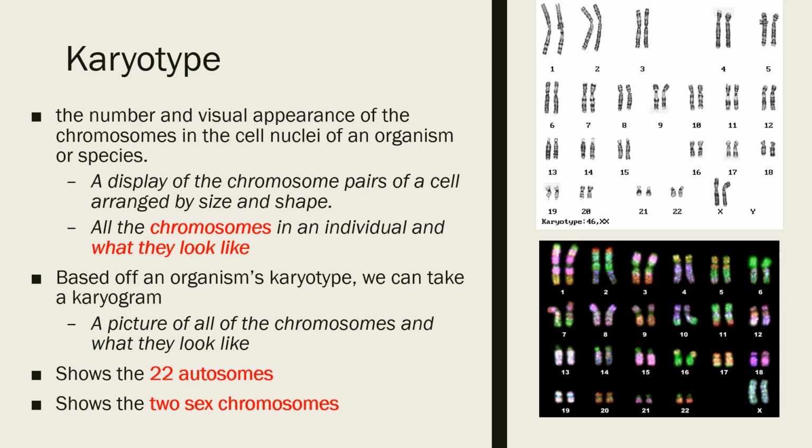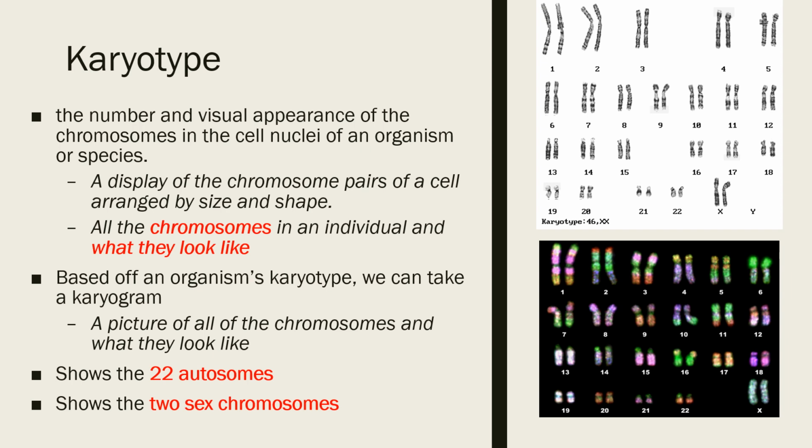A lot of the karyotypes that we will be looking at are actually karyograms, pictures of an organism's karyotype. Depending on the resource that you look at when you do research, the words karyotype and karyogram can be used interchangeably. So we're essentially talking about the same thing here.